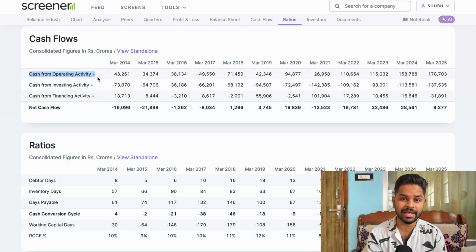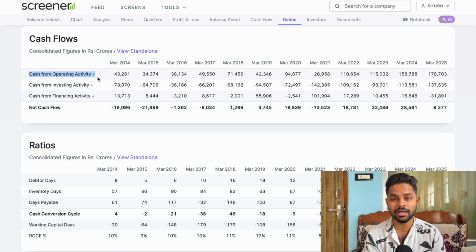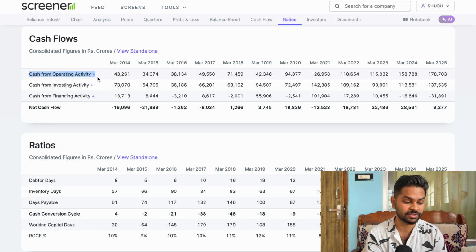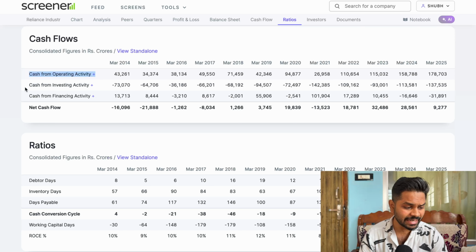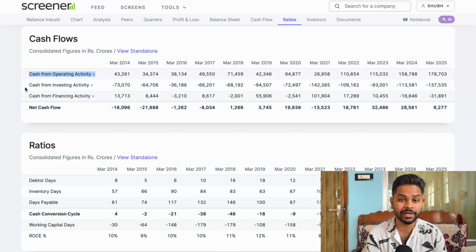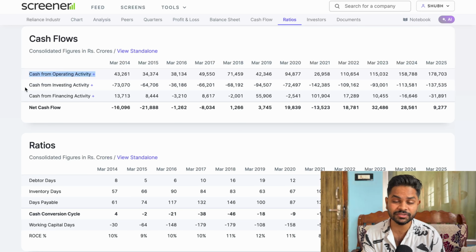So whatever Reliance Industries' operating activity is, through that activity, how much cash is coming in and how much cash is going out of the business, that's what it tells. Second is cash from investing activities, which means how much cash is coming into the business through investing and how much is going out of the business.